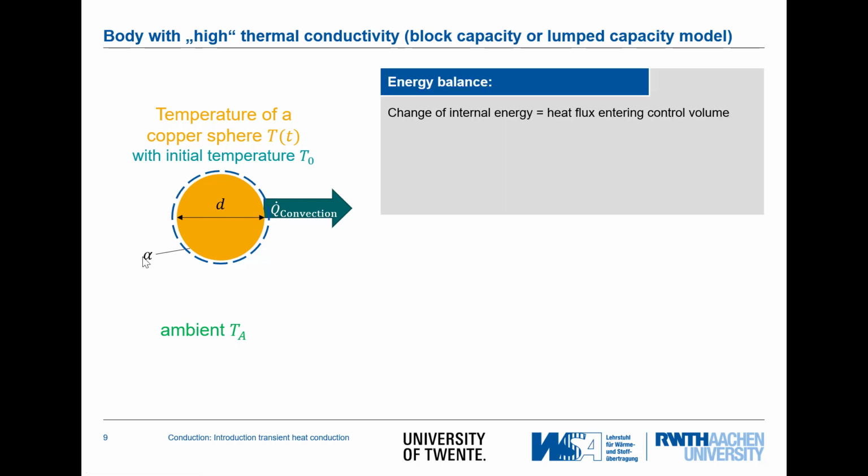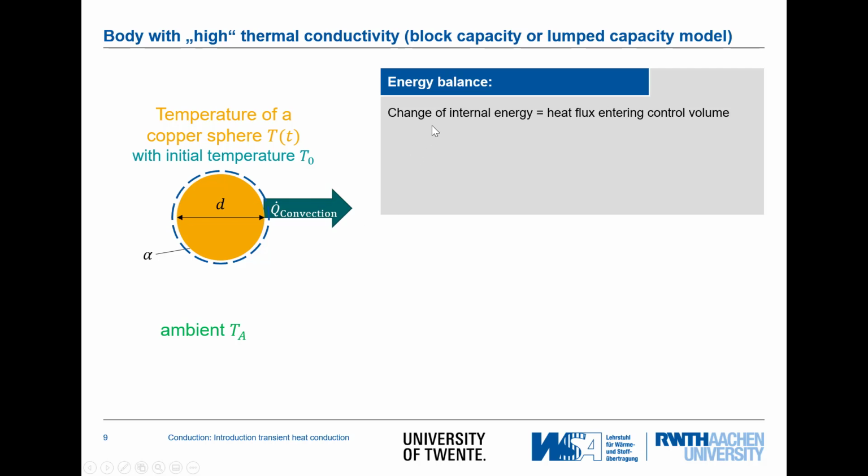Looking at the energy balance in words at first, the change of the internal energy, so the change of the temperature inside the body, will be equal to the heat flux going over the control volume's surface, in this case the heat flux that leaves the surface.